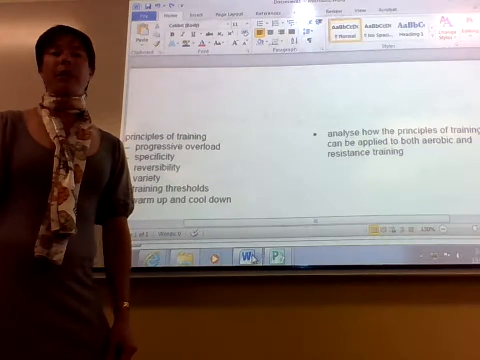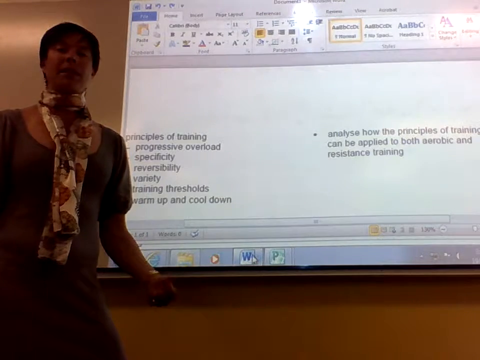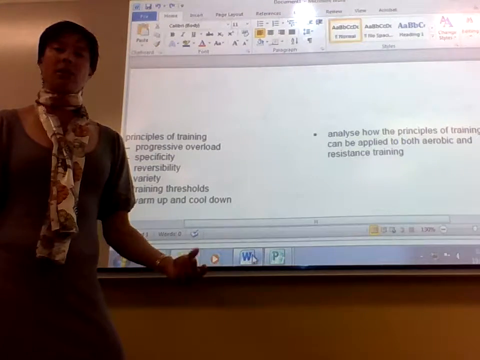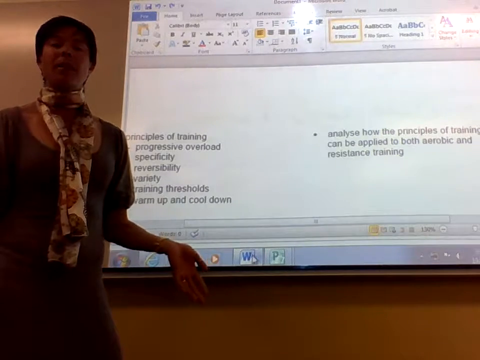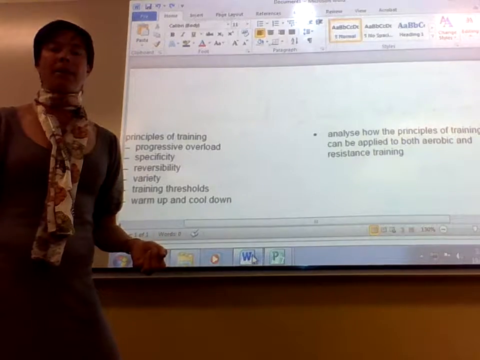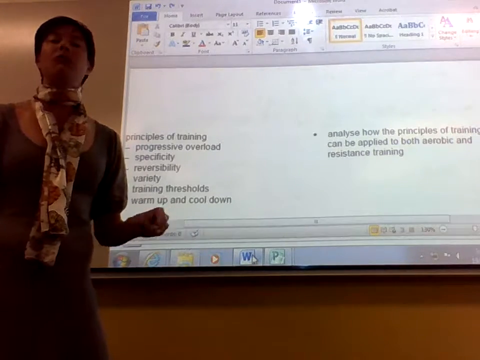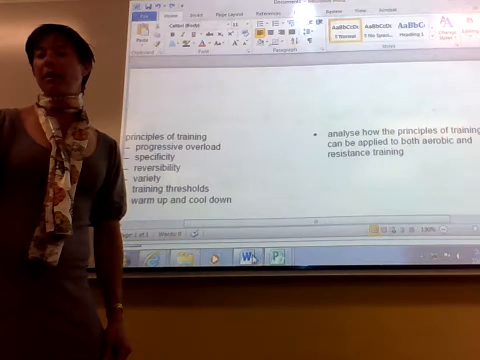A good warm-up would include aerobic style activities and dynamic stretching, and it's there to mentally and physically prepare the athlete for activity and reduce the risk of injuries.